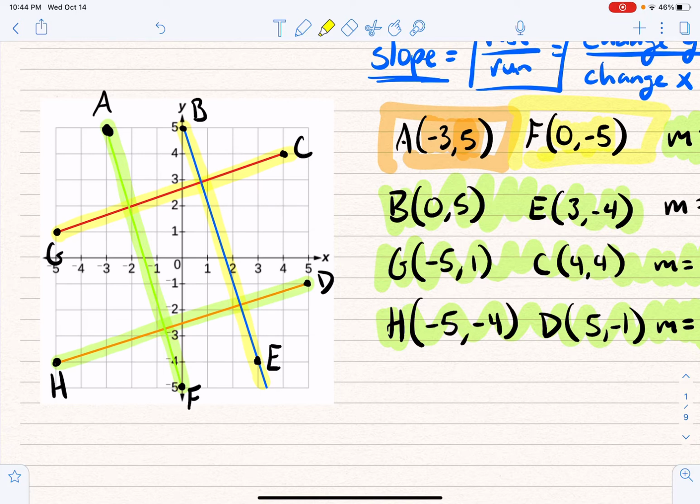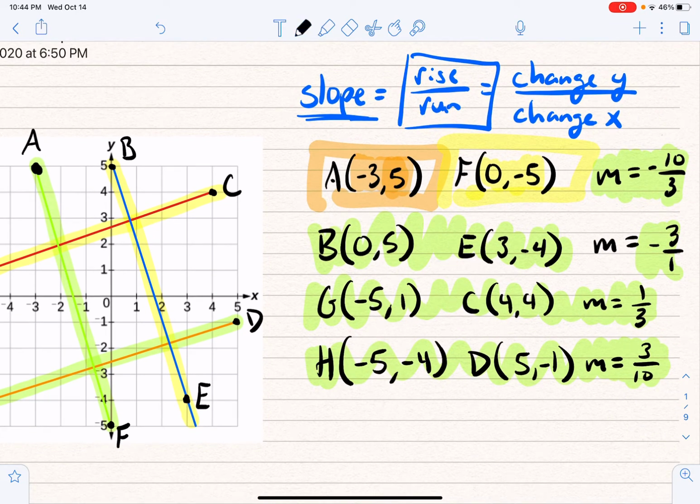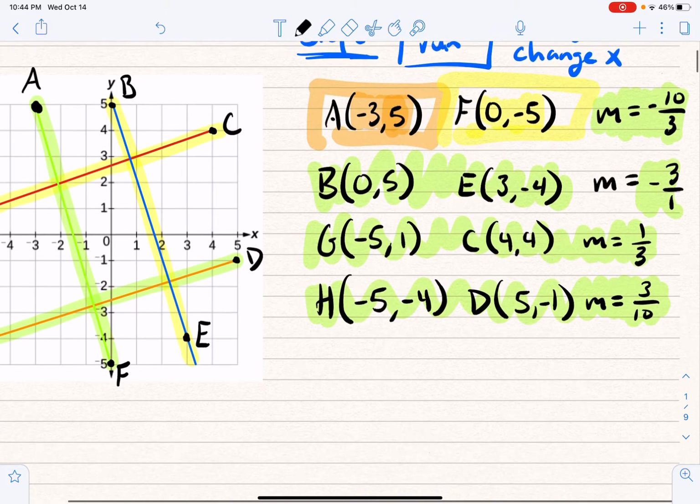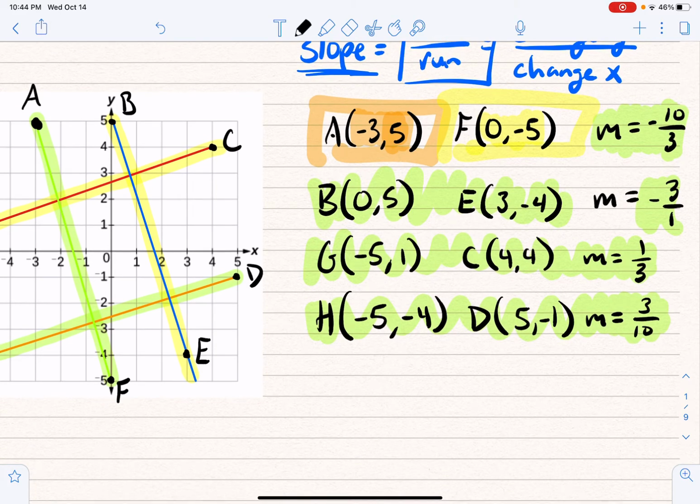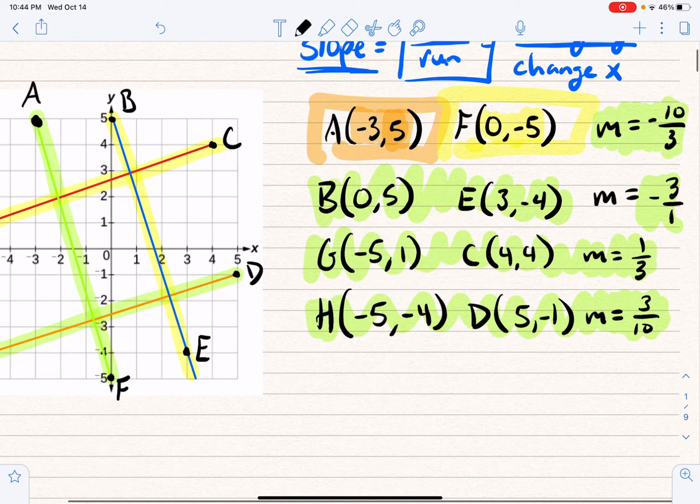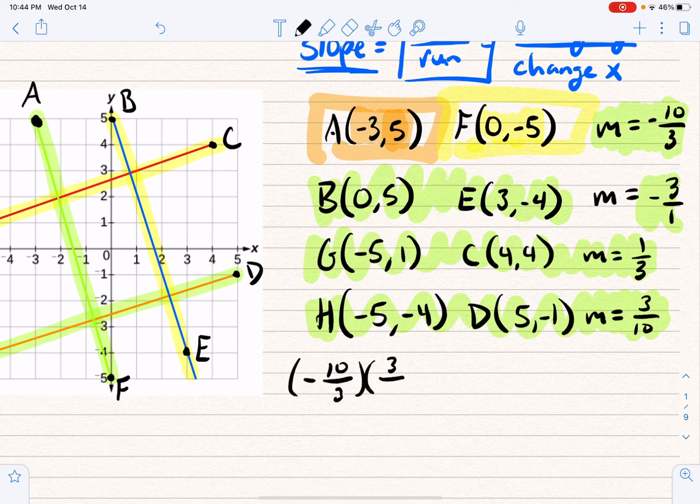All right, before we go on, there's one more thing that you'll see defined differently in your book. Some books define it this way: perpendicular slopes are not only opposite reciprocals, but if you take two perpendicular slopes and multiply them together, the result will always be -1. So if we take negative 10/3 and multiply that by positive 3/10, when you multiply fractions, you multiply straight across, so 10 times 3 is 30, and 3 times 10 is 30, and the negative sign just carries. 30 over 30 would be 1, so this would be -1.